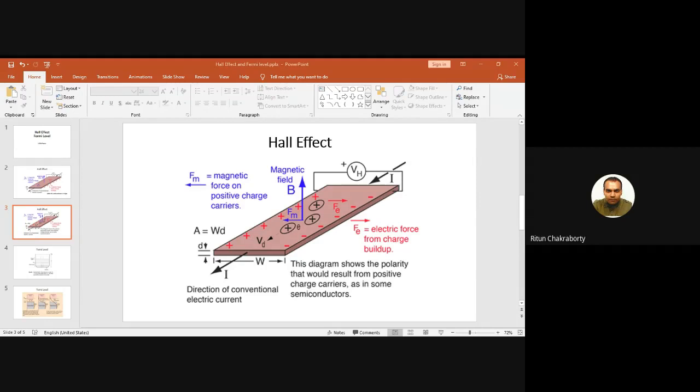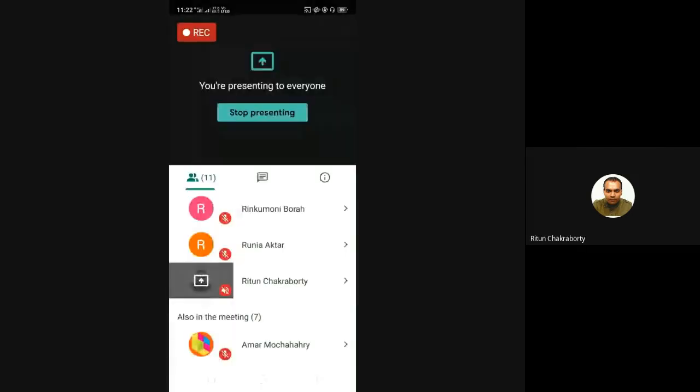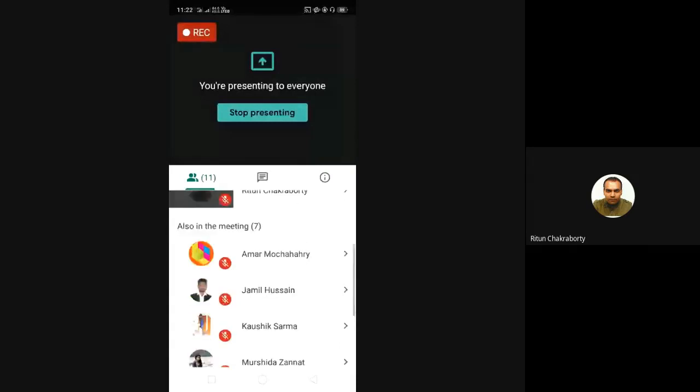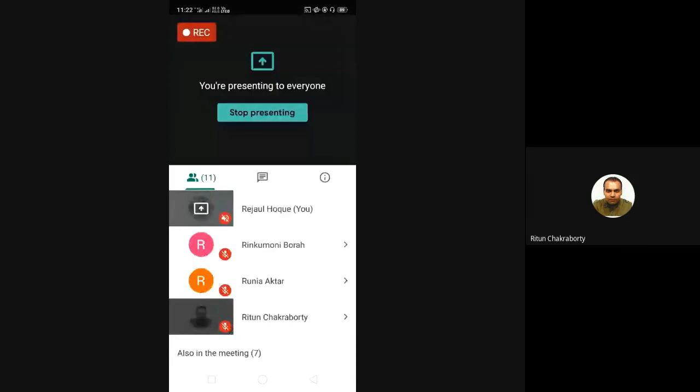between two scattering events. Between two scattering events means, suppose we have one atom and we have a second atom. With the first atom, the charge carrier will undergo some collision or scattering, and the time in which it will undergo scattering with the second atom is called the average time of collision between impurity atoms or simply materials atoms.